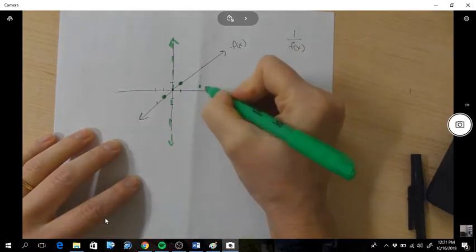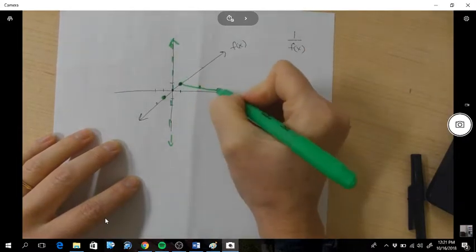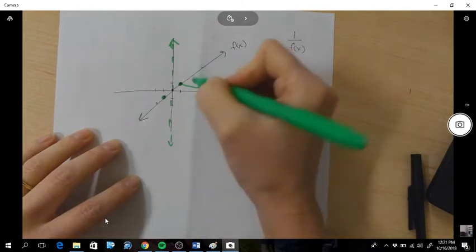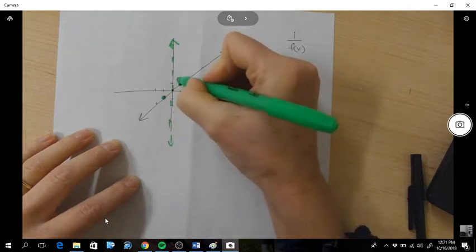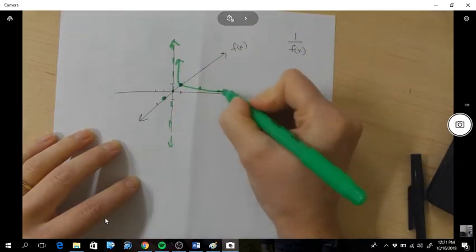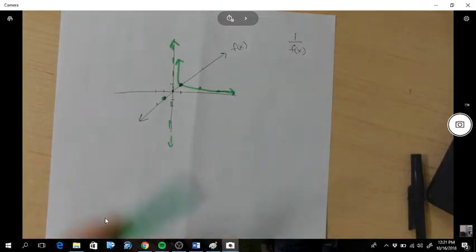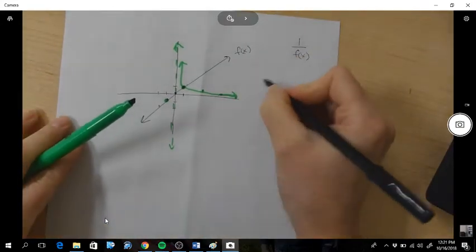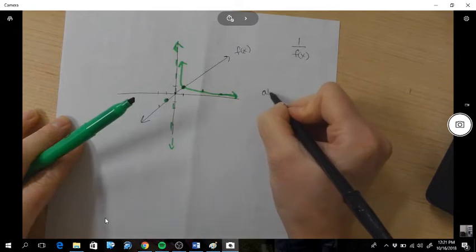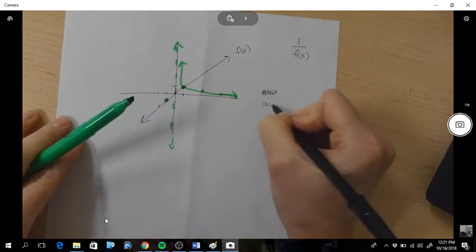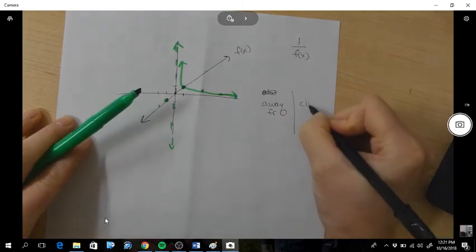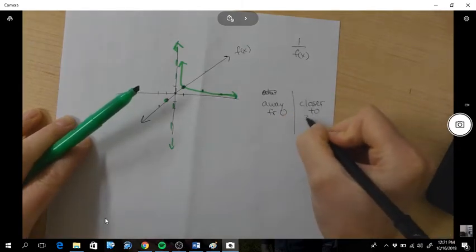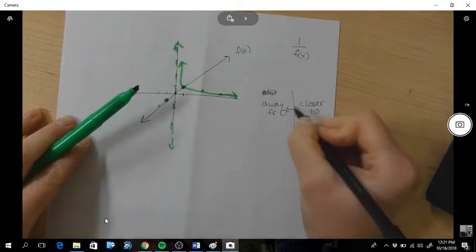So I can see that I'm going up like this, and then as I'm going from here to here on my graph, I'm getting closer and closer to 0, so I need to go away from 0. If your graph is going away from 0, your reciprocal goes closer to 0, and vice versa.